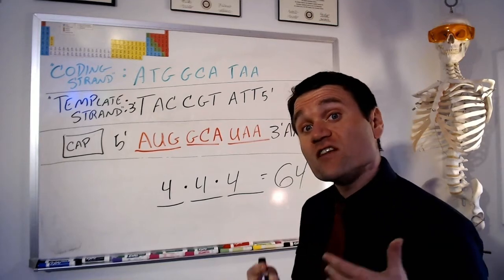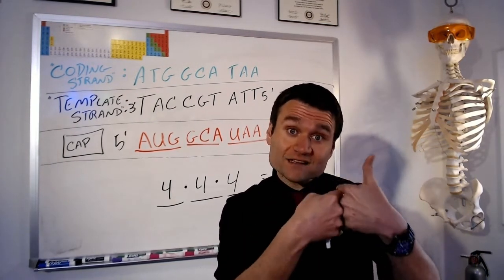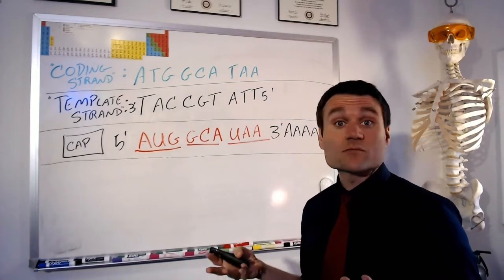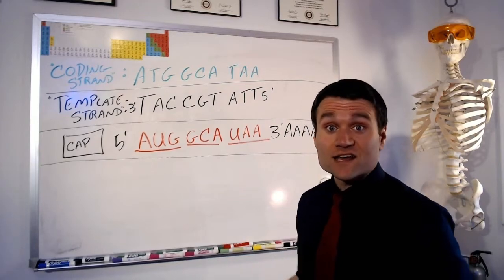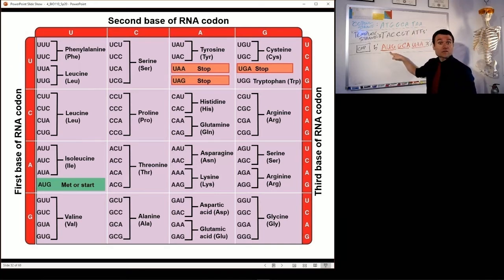So even though there's 61 different codons, some of them are going to code for the exact same term. So in order to complete translation, we're going to need some sort of translation key to get us started. Enter the genetic code. The genetic code tells you what each one of these codons mean.